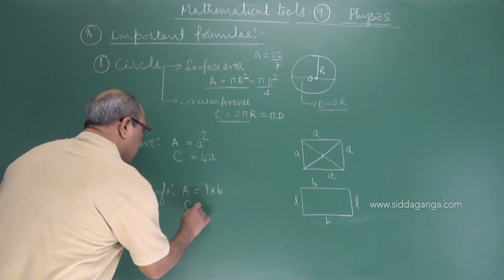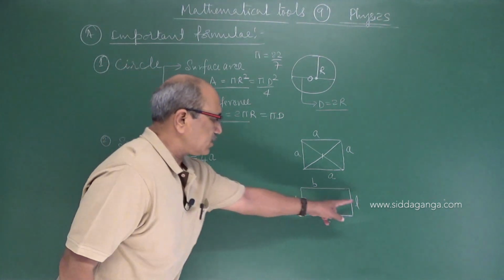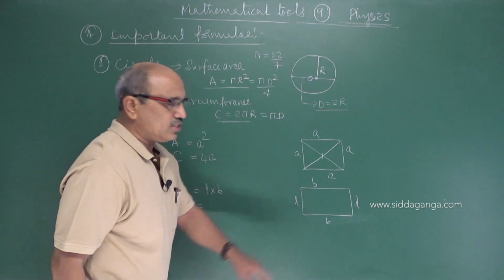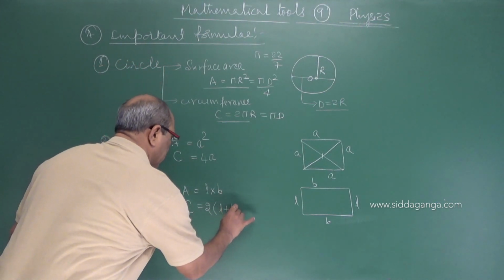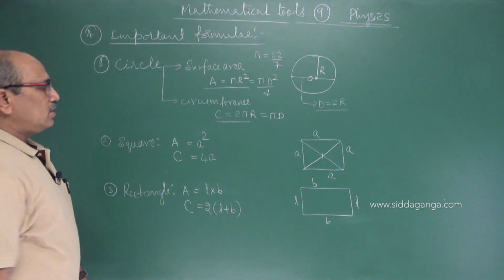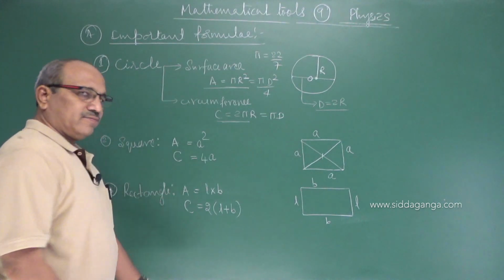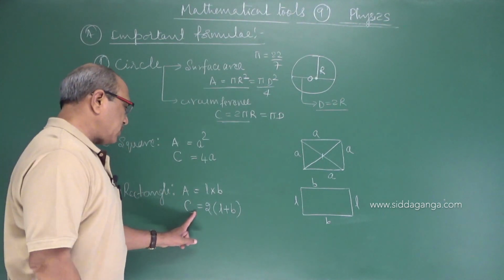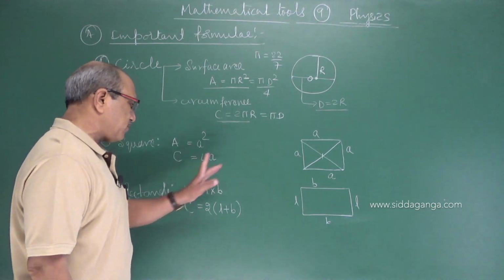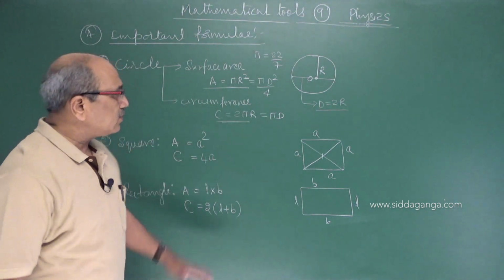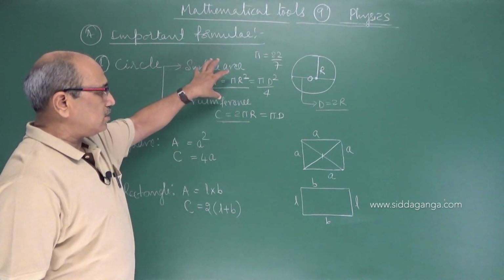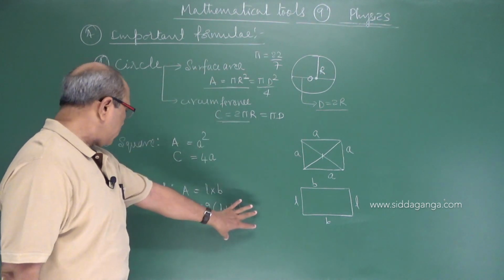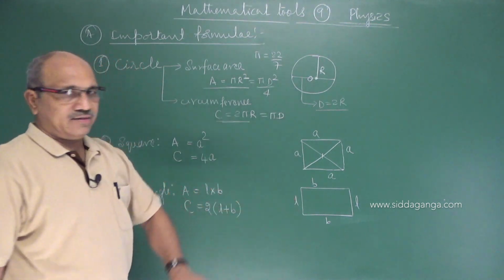And if you want the circumference, L plus L is 2L, B plus B is 2B. Therefore, we write 2 into (L plus B) as the formula for the circumference of the rectangle, along with the surface area of the rectangle. These three we have come across: remember, circle, square and rectangle.